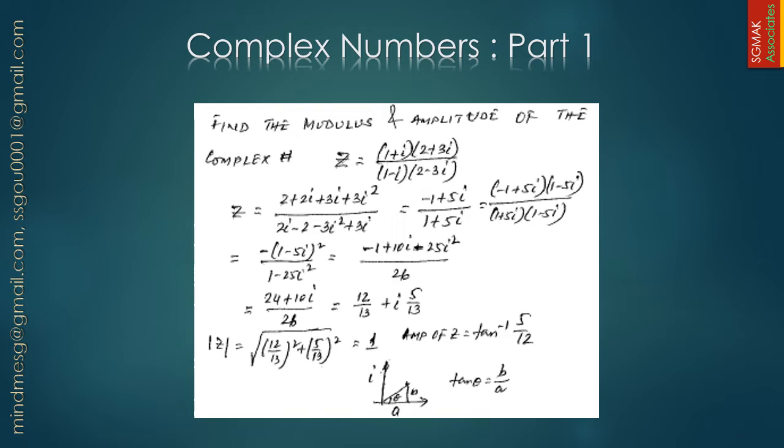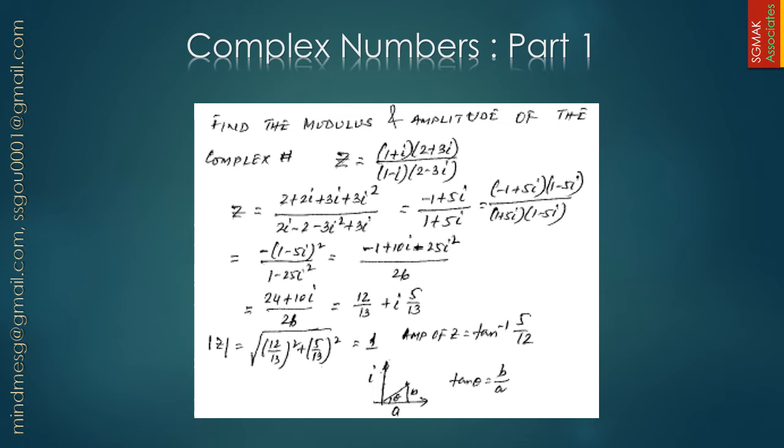Find the modulus and amplitude of a complex number. If a complex number is in the form a plus ib, the modulus is the square root of a squared plus b squared, and the amplitude, the angle theta, is given by tan inverse of b over a. So in this case, z is given, and we simplify it. As you can see here, we want to make the denominator a whole number.